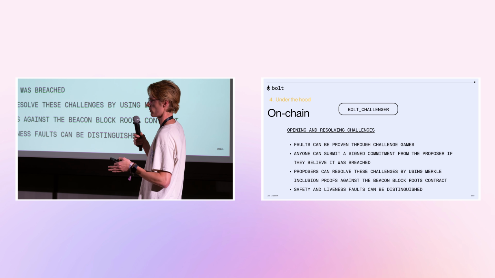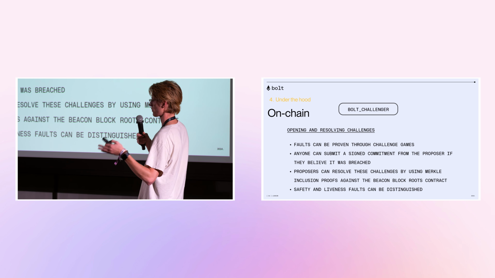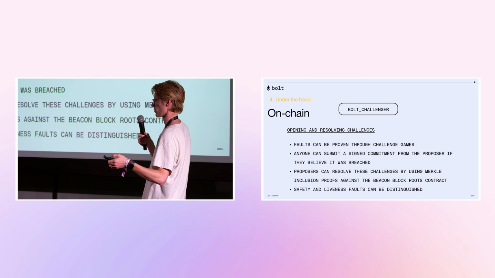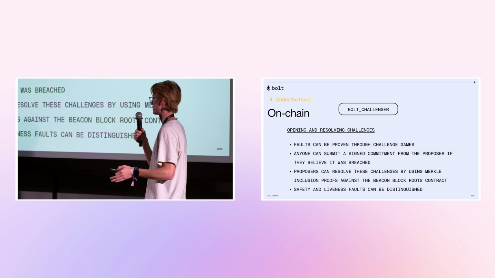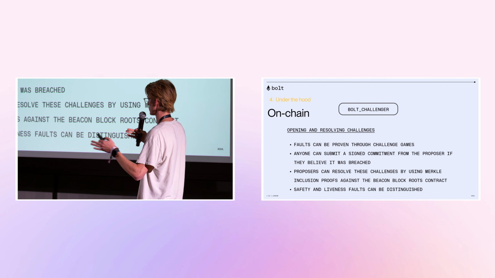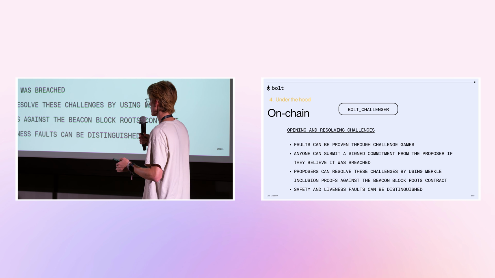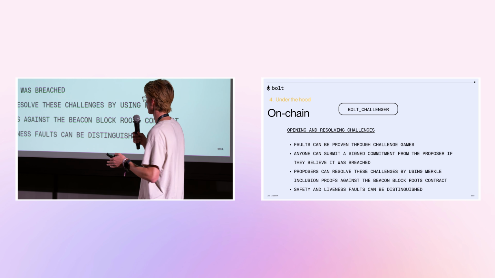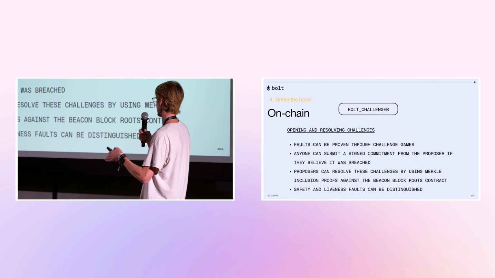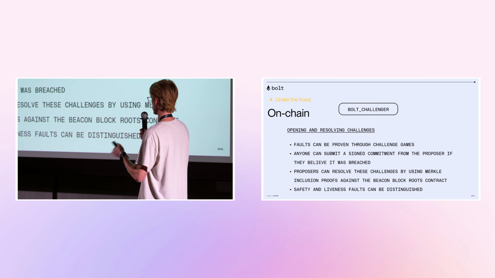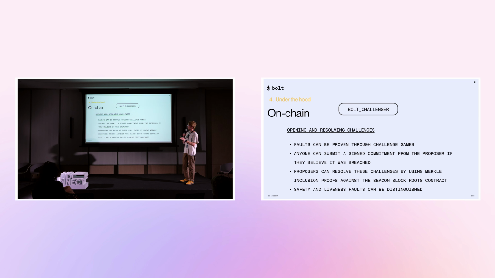Faults can be proven through challenge games. So anyone can submit a signed commitment from the proposer if they believe it was breached. This will start a challenge window, same as with optimistic rollups. And proposers can then resolve these challenges by using Merkle inclusion proofs against the beacon block root contract on-chain. So again, completely objective.